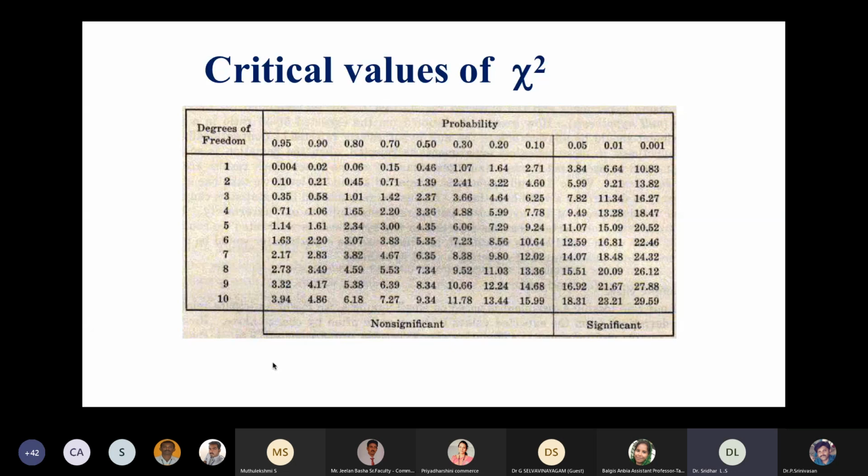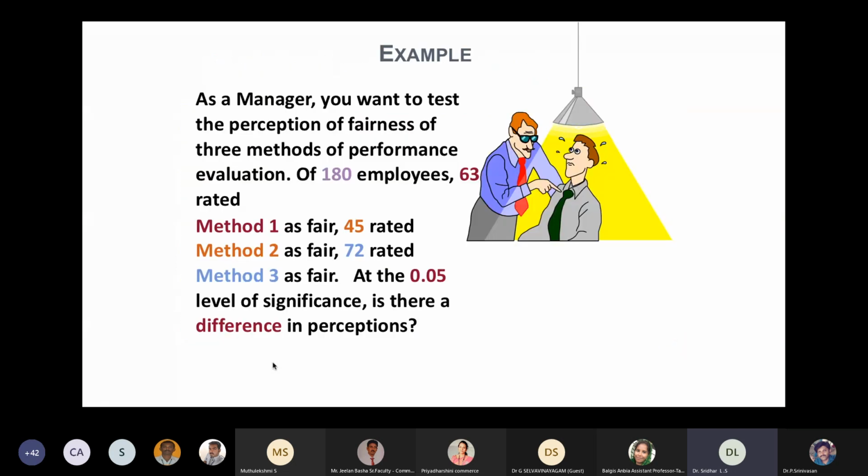From the p-values only, you take the decision whether the null hypothesis is rejected or accepted. In the manual method, you look at the table value and from there decide whether to accept or reject the null hypothesis.